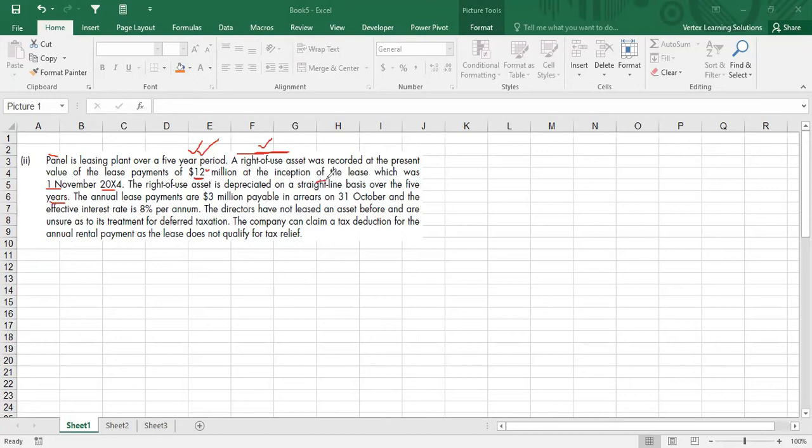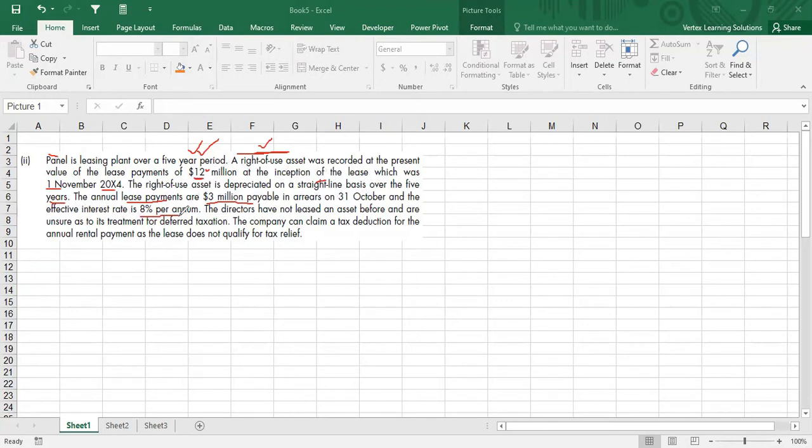So 12 million divided by 5, 2.4 million should be depreciation per year. The annual lease payments are 3 million payable in arrears on 31st October, and the effective interest rate is 8% per annum.